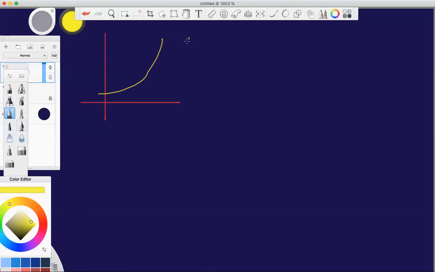Our function would still be equal to x squared plus 1. And we're being asked to find the area below the curve and bounded by x is equal to 1 and x is equal to 3.